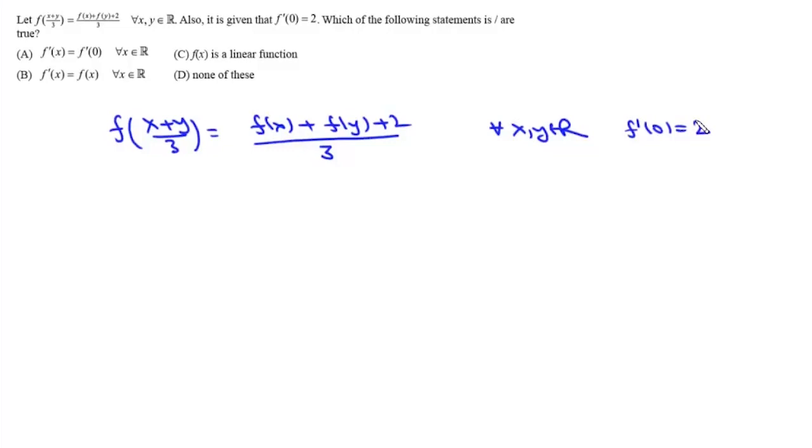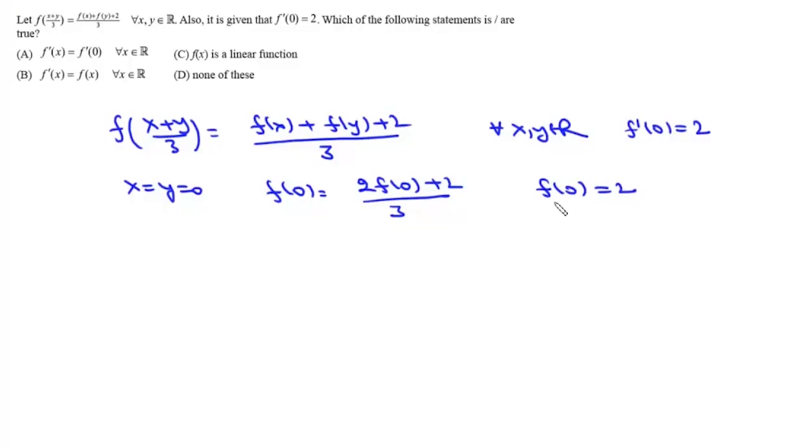Now first we will find the value of f(0), and for that we will put x as 0 and y as 0. Now this will be f(0) equal to (2f(0) plus 2) divided by 3. That means the value of f(0) is simply 2.